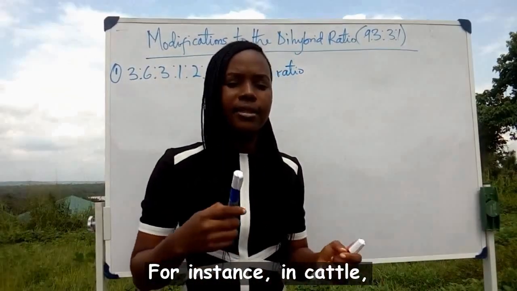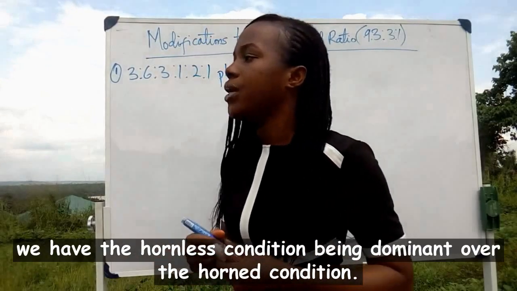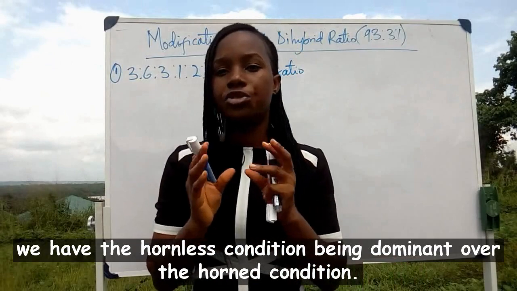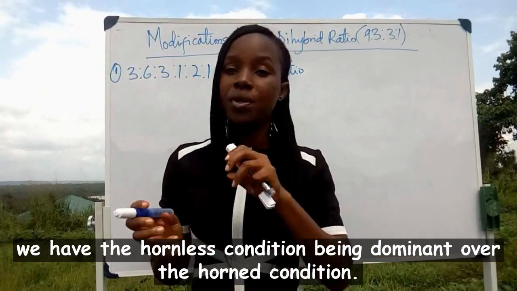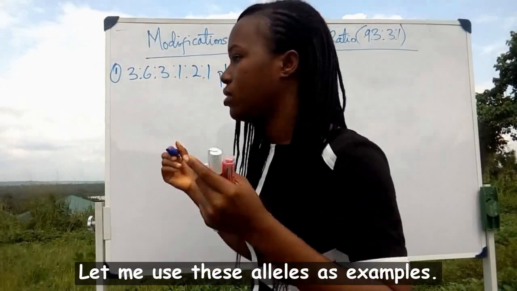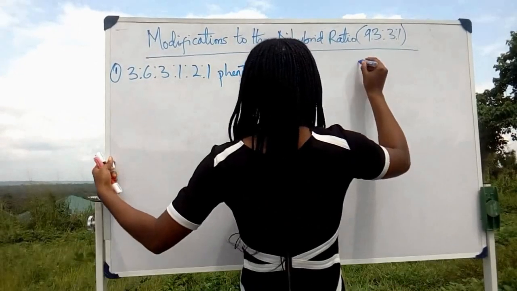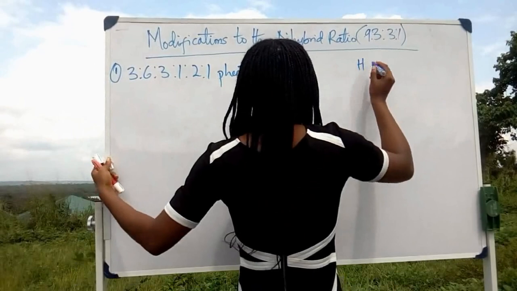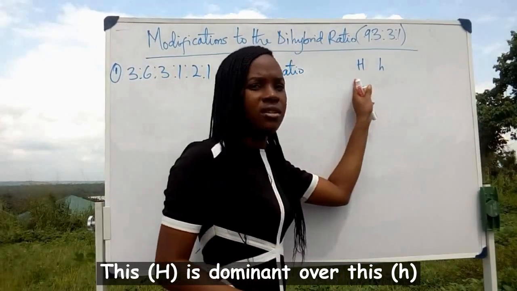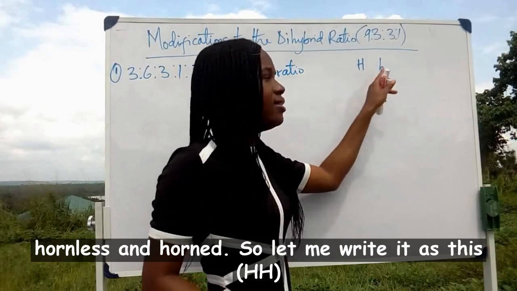For instance, in cattle, we have the hornless condition being dominant over the horned condition. So let me use these alleles as examples. This is dominant over this, hornless and horned.